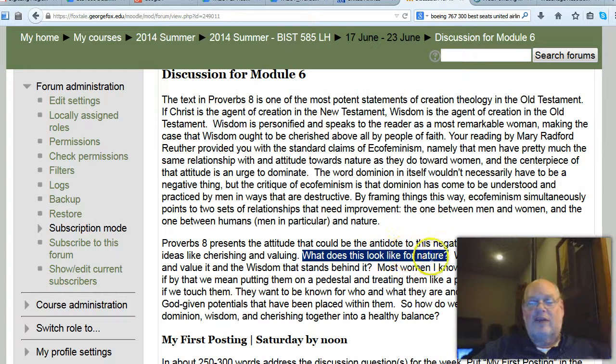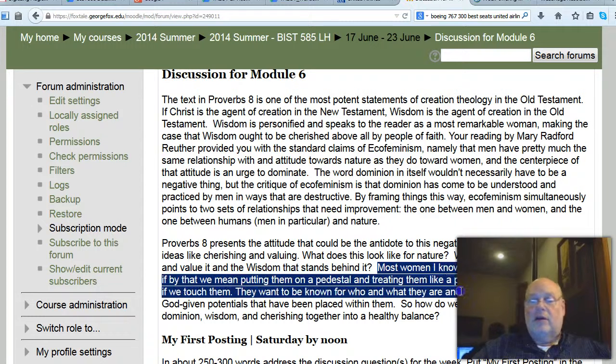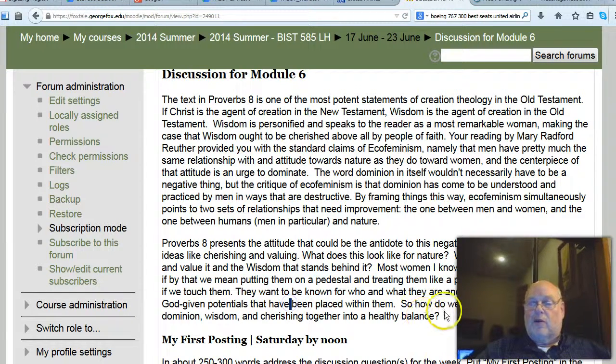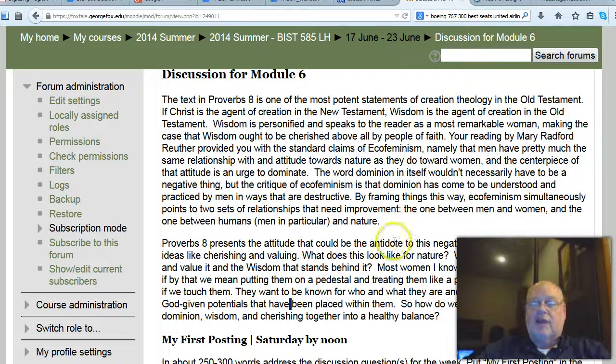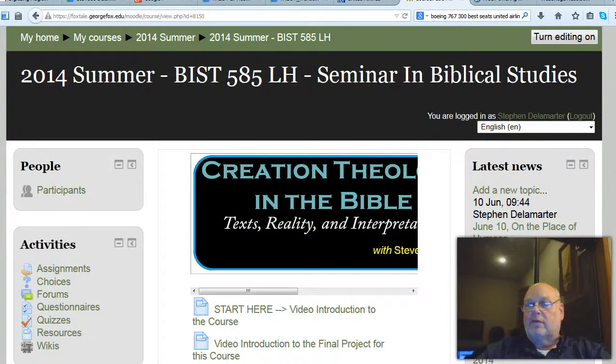What does it mean to cherish and value nature, and the wisdom that stands behind it? And then apply the same thing to women, men's relationship toward women. What should that look like? Give some ideas there. So how do we bring the biblical ideas of dominion, wisdom, and cherishing together into a healthy balance? That's the discussion question that we'll take up at the end of the week.